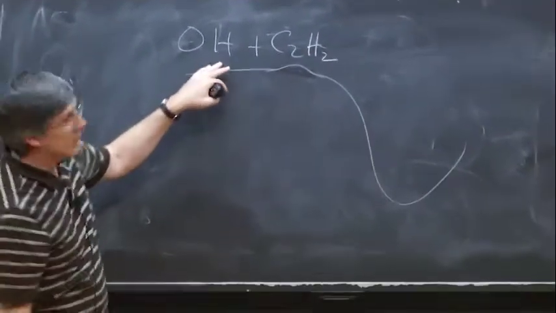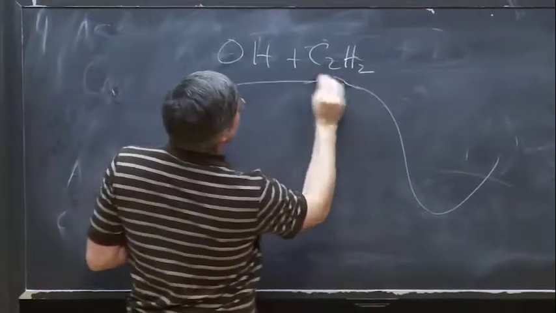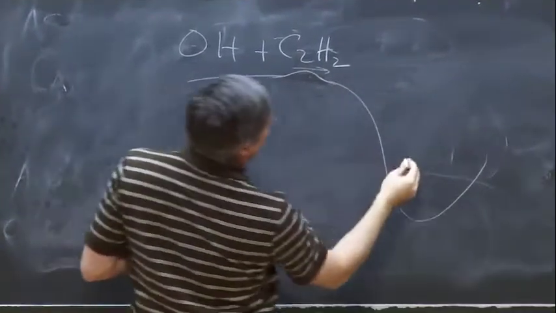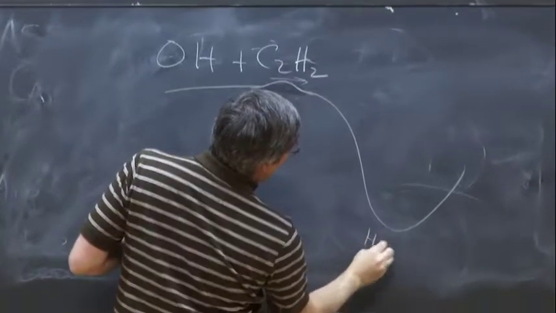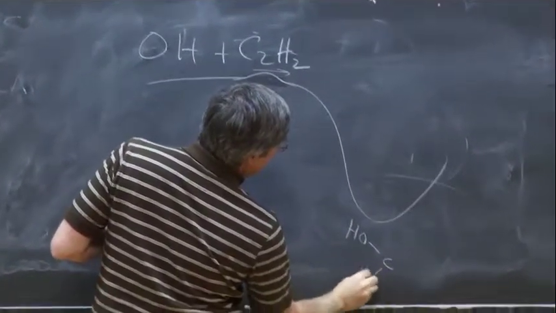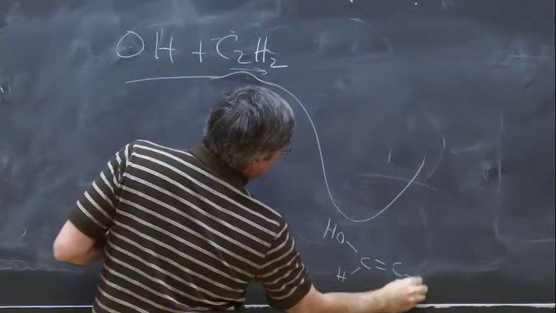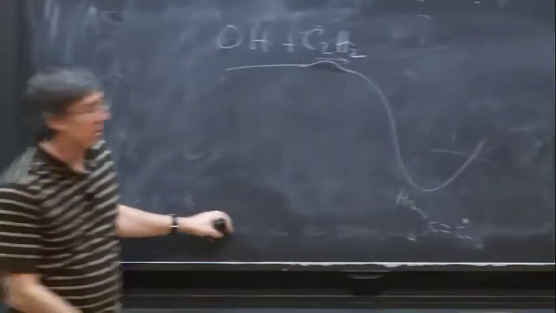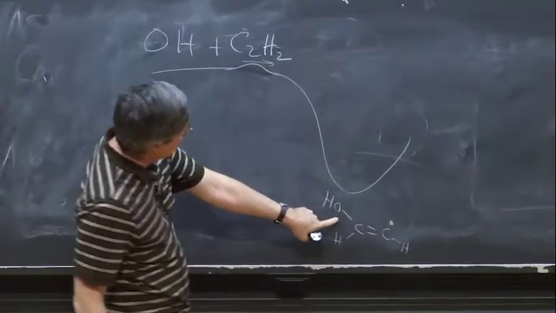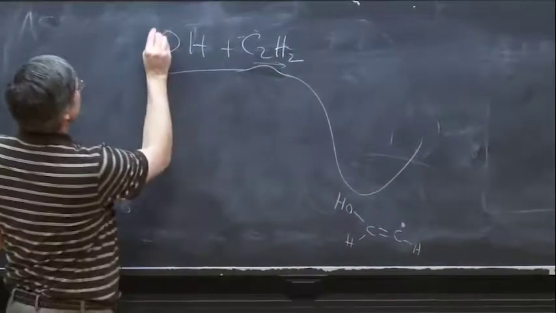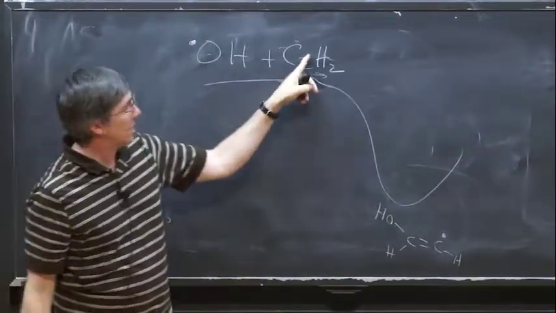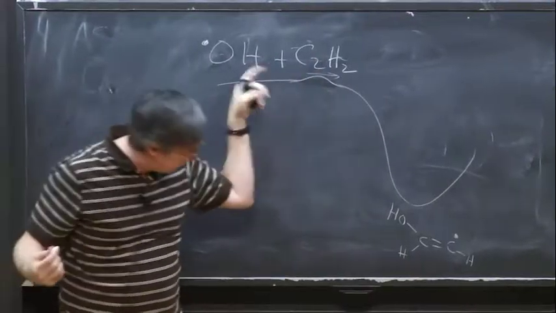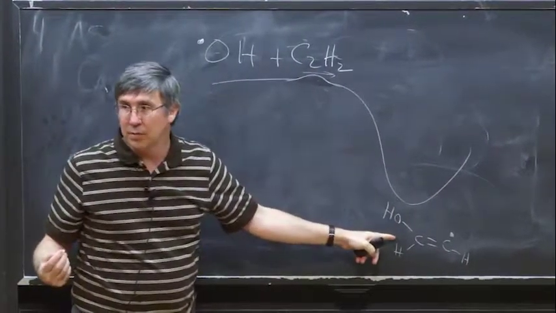So there's a low barrier for these guys to react. They react across this little barrier, and they form HOCH, something like that. It's a hydroxyvinyl. But this guy, it's a very exothermic reaction because OH is a very hot radical. This is a triple bond. Triple bonds aren't that stable. So it really wants to react to make this a lot more stable.